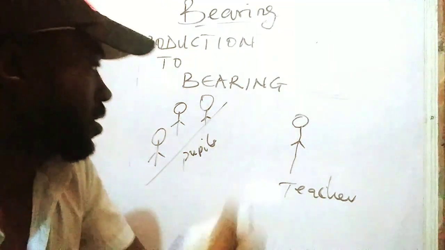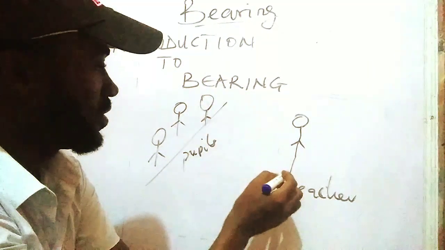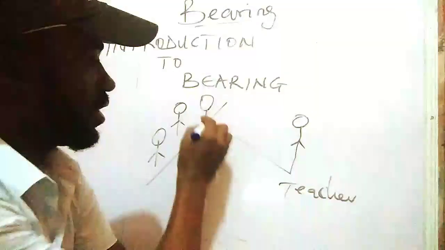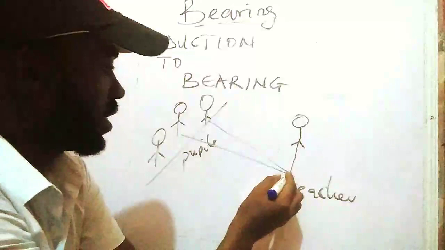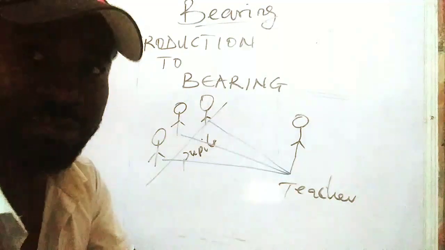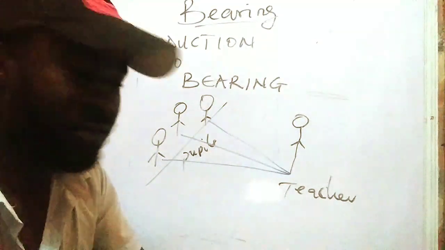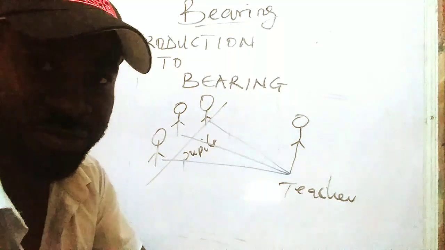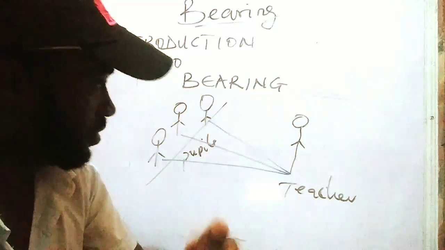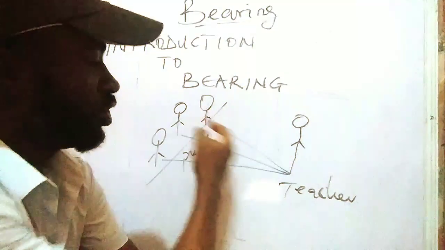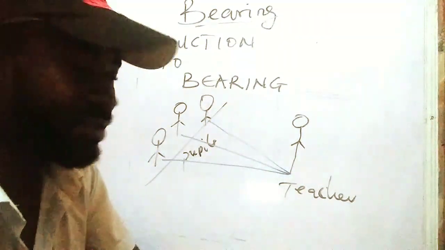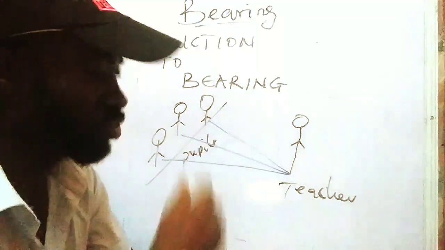Okay, so this student has a different bearing from this particular pupil and from this particular pupil. So what the bearing does is that bearing tells you about the angular relationship that is existing between 2 points.